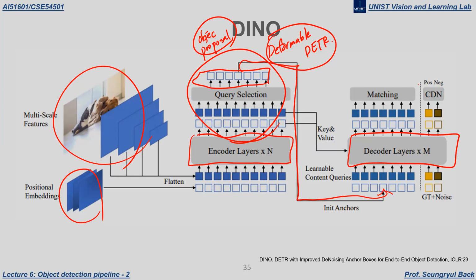And also it has the denoising module, but this time it has the contrastive denoising module to further improve the denoising. Okay. And it also iteratively improves the bounding box information. Okay. This is the DINO architecture.